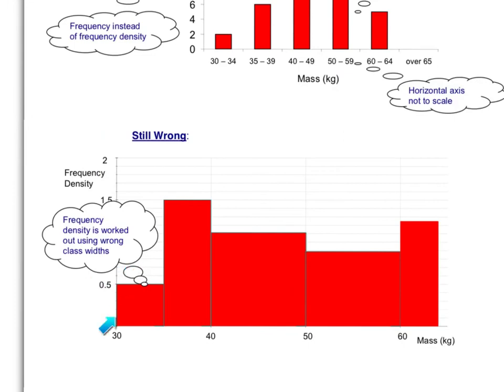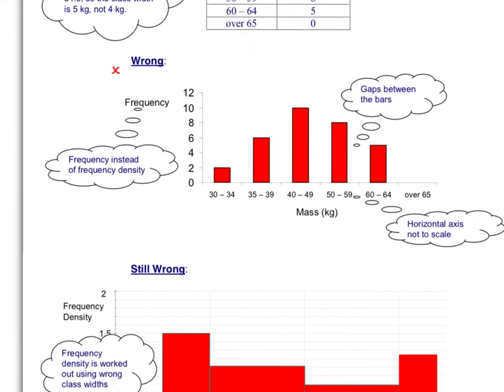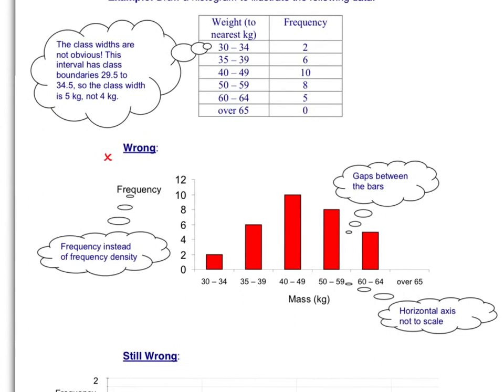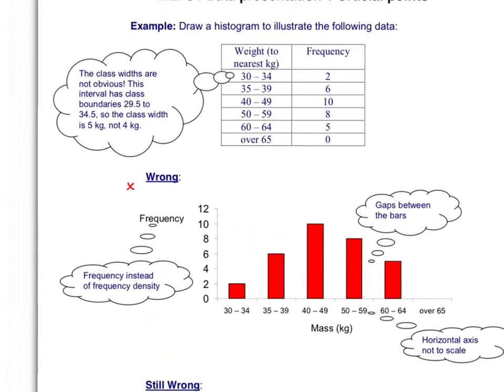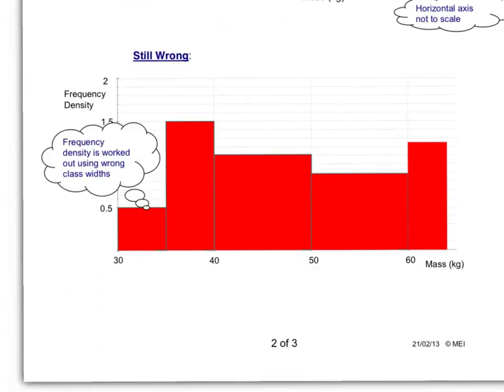Right, this example here is still wrong, because the frequency density is worked out using the wrong class widths. It should go from 29.5 to 34.5. Instead, it's gone from 30 to 35. We can tell this is in fact incorrect simply by looking at the value of the frequency density for each interval. So for the first one it's 0.5 and for the second one it's 1.5.